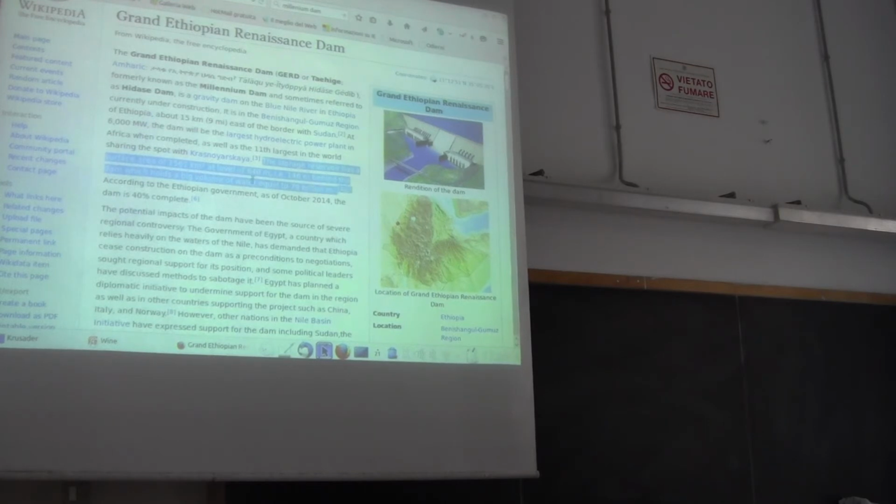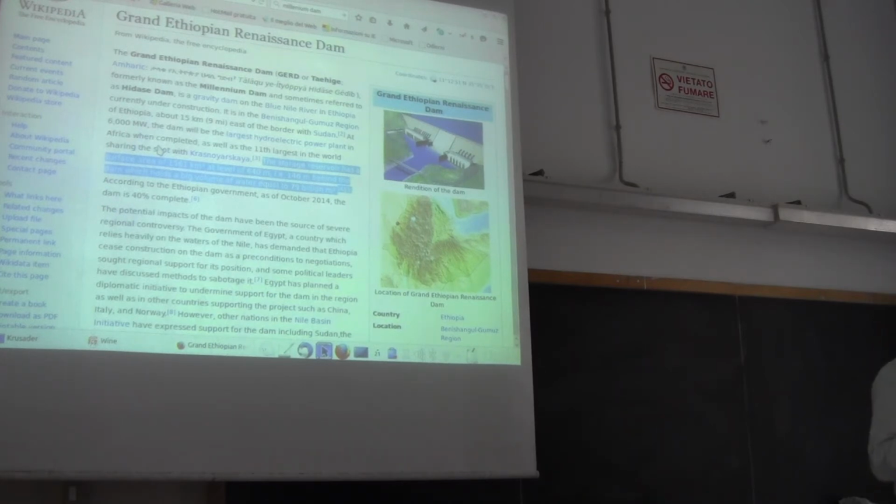The storage reservoir has a surface area of 1,500 square kilometers. Just to give you an idea, 1,500 square kilometers is about the extension of a province in the Emilia-Romagna region. And the Emilia-Romagna region is 22,000 square kilometers, and it means that this reservoir is about 10% of the Emilia-Romagna region.